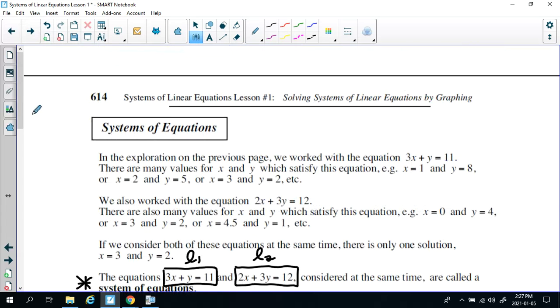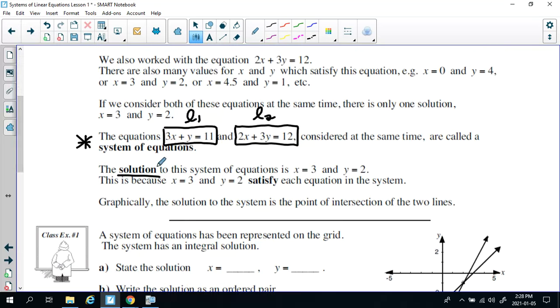Now, what's the significance of a solution? It says the solution to the system of equations is x equals 3, y equals 2. That's because x equals 3 and y equals 2 will satisfy each equation in the system.